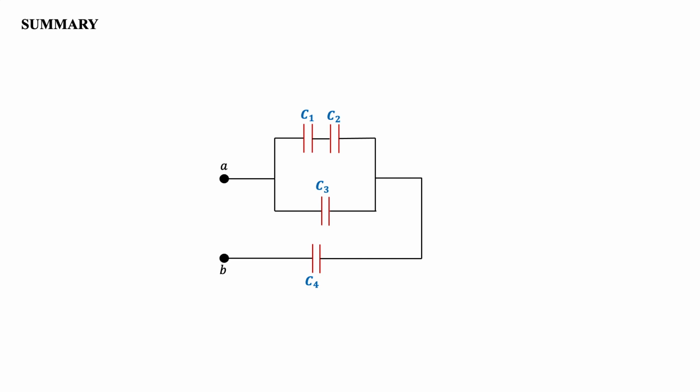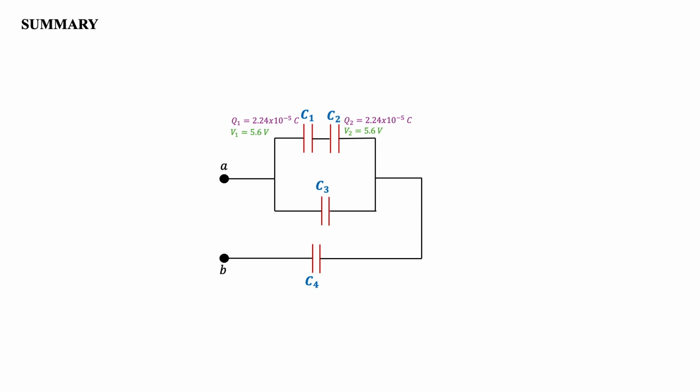For capacitor 1, we get that the charge stored is 2.24 times 10 to the negative 5 coulombs. The potential difference across that capacitor is 5.6 volts. For capacitor 2, it's 2.24 times 10 to the negative 5 coulombs. The potential difference across this capacitor is 5.6 volts.